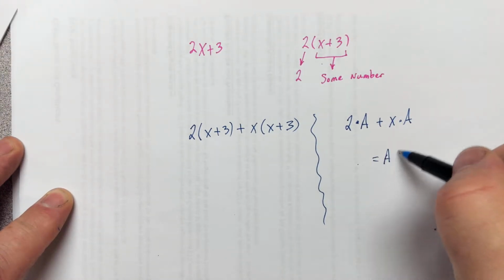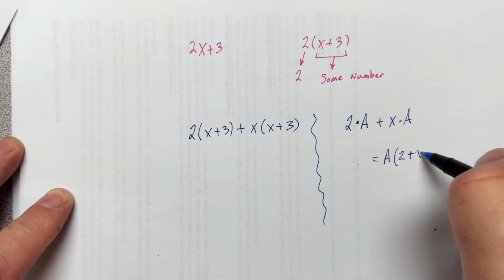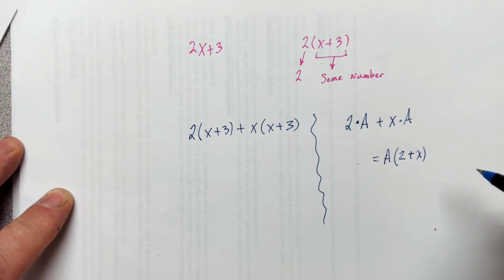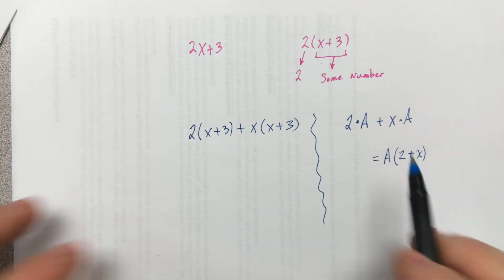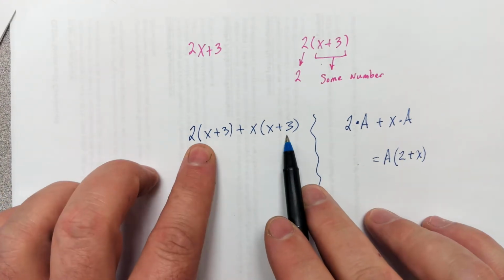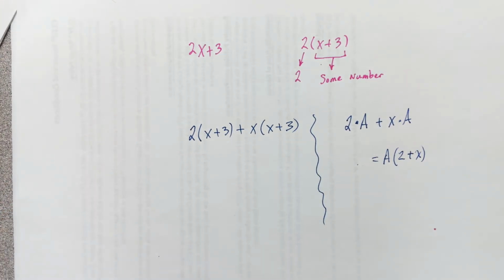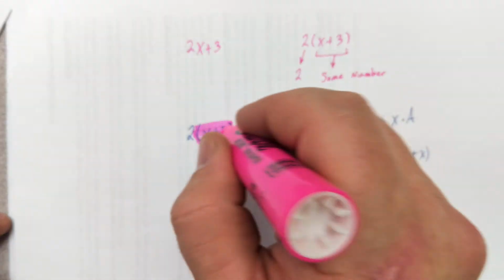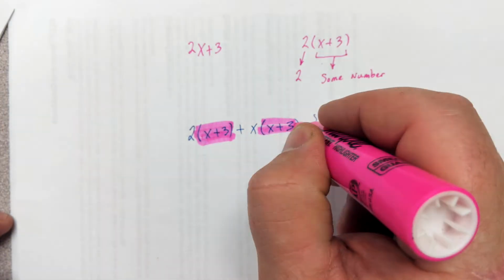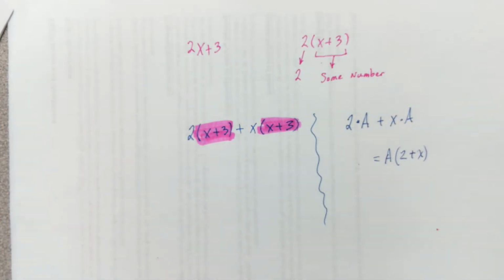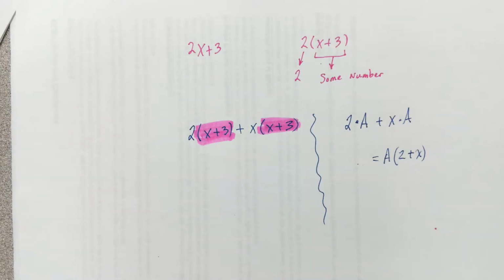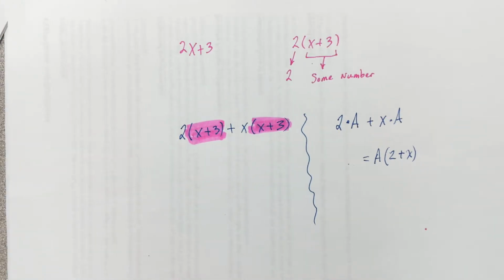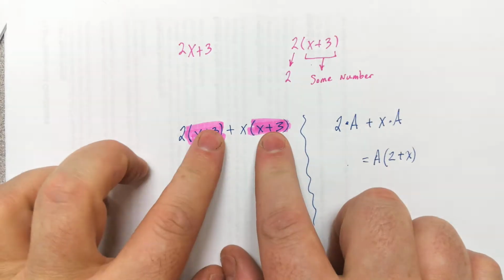So that would be a times 2 plus x. Do you see how the a is similar to the x plus 3? The x plus 3 is what they have in common. It's one number, not 2 numbers. I don't know what number it is. It's 3 more than x. That's all I know. That's the thing we can take out.